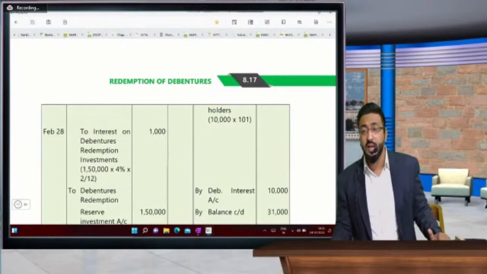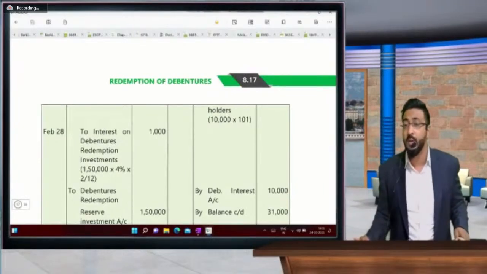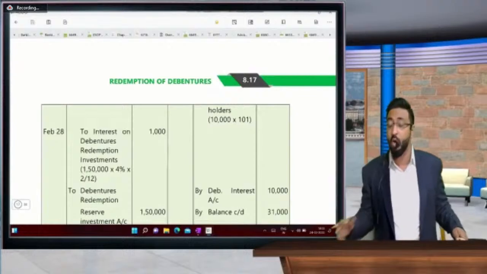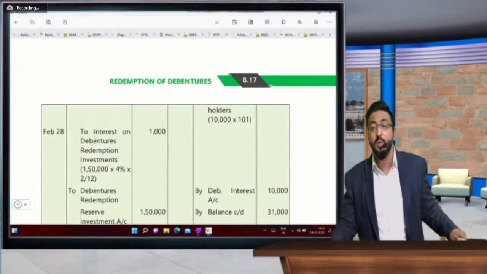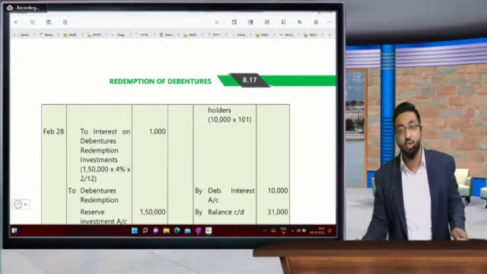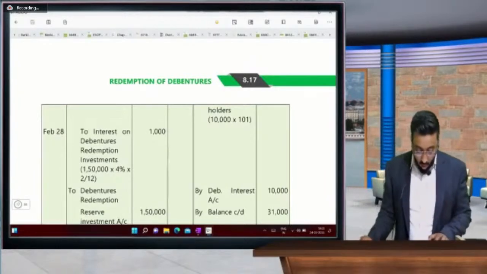Equity and liabilities: shareholders' funds, share capital, reserves and surplus; non-current liabilities, long-term borrowings, deferred tax liability, other long-term liabilities, long-term provisions; current liabilities, short-term borrowings, trade payables, other current liabilities, short-term provisions. On the asset side: non-current assets, property, plant and equipment, intangible assets, capital WIP, intangible assets under development, non-current investments, deferred tax assets, long-term loans and advances, other non-current assets. Current assets: current investments, inventory, trade receivables, cash and cash equivalents, short-term loans and advances, other current assets.